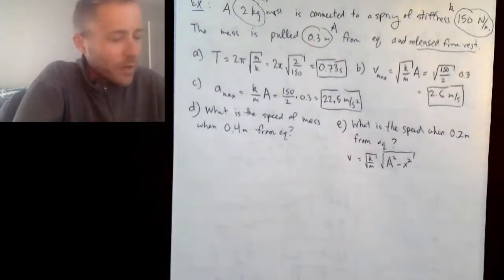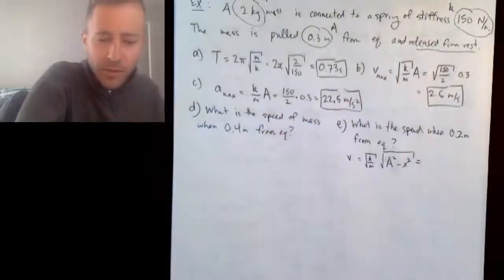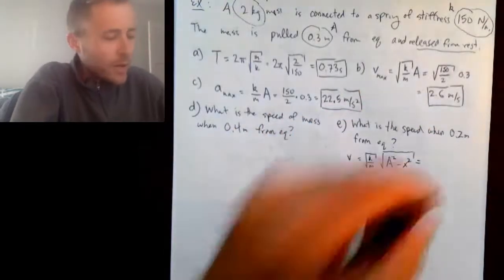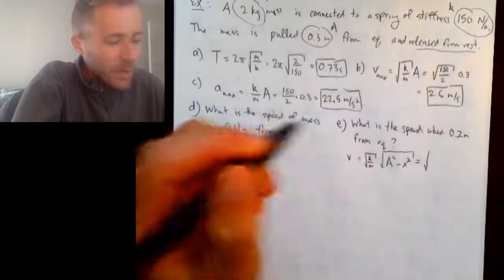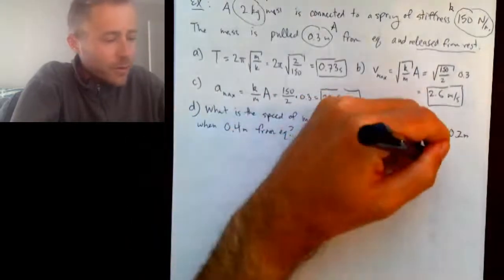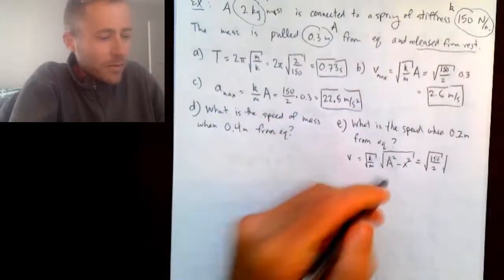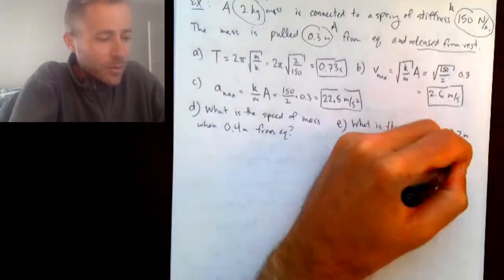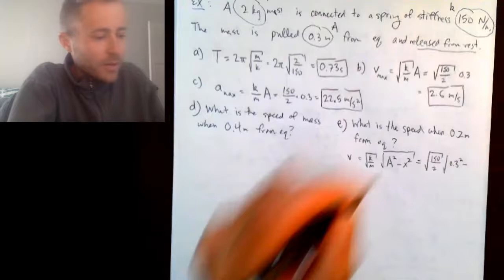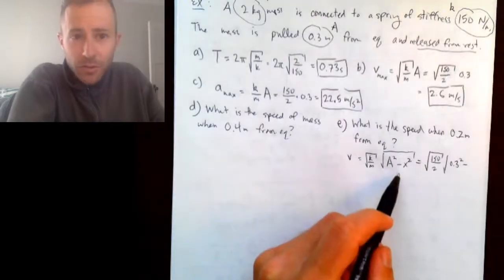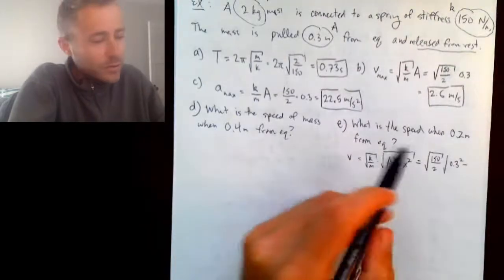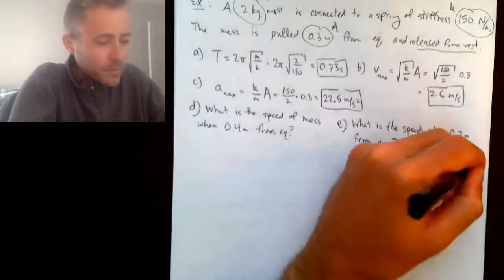Yeah, so you're on the right track there. Let me finish this up and then I'll go back to part D. So I have square root of 150 over 2 times the square root of A squared, the amplitude is 0.3, minus the particular position where we want to calculate the speed, which is 0.2 meters.